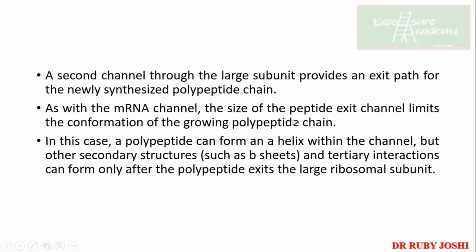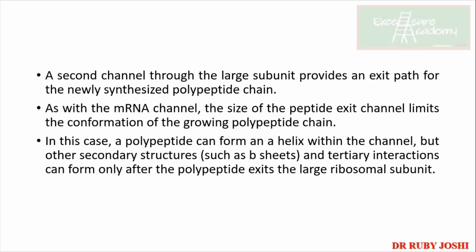So what does it mean, this sentence? It means that it has got more space compared to the mRNA channel, because in order to stabilize the polypeptide chain, many proteins which carry the information of forming the secondary structures, they can form helix.